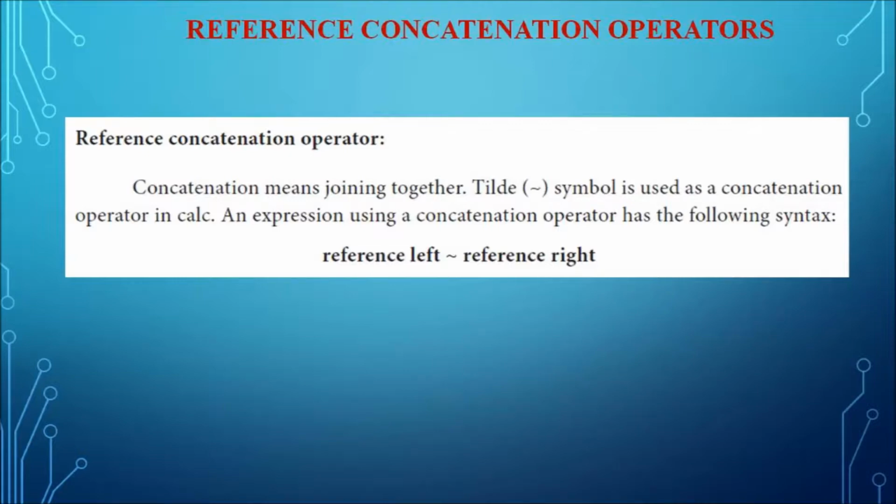The reference left will be a continuous group of cells, and the reference right will be a separate continuous group of cells. For example, here you see A1 to A6, tilde symbol, and C3 to F3. Both are different groups of cells, and for combining these two we use the tilde symbol. That is the reference concatenation operator.